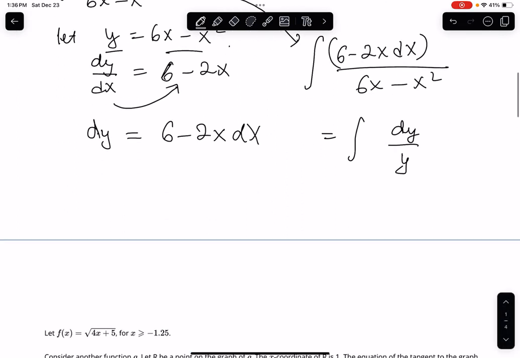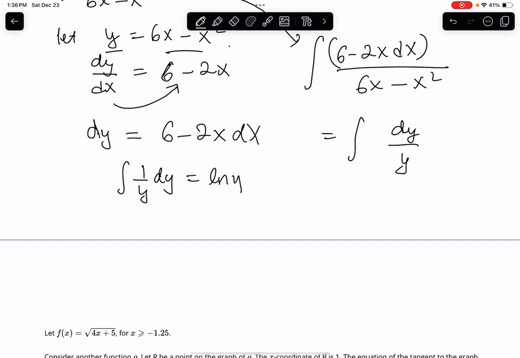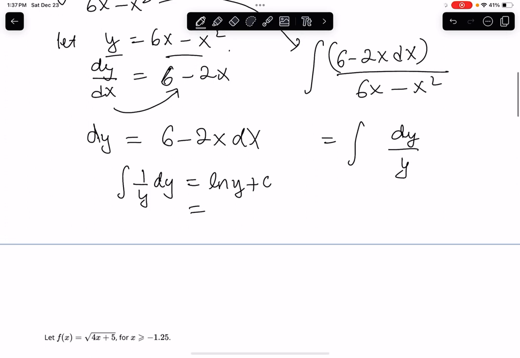Now we have learned that the integral of 1 divided by y dy is just ln of y plus c. So therefore we simply make the substitution.